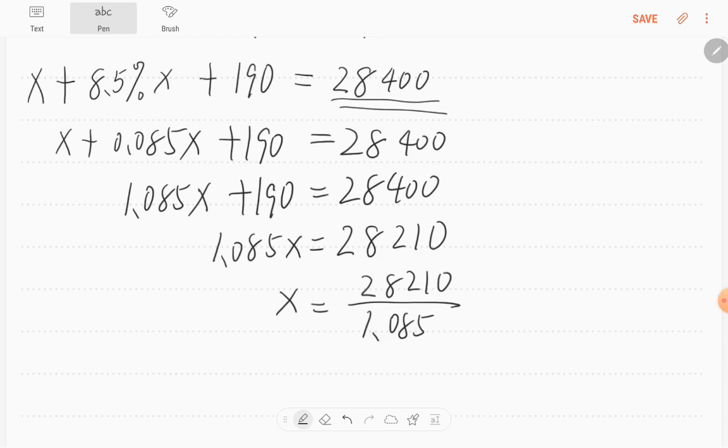It would be 26,000. So this would be the purchase price for this car.